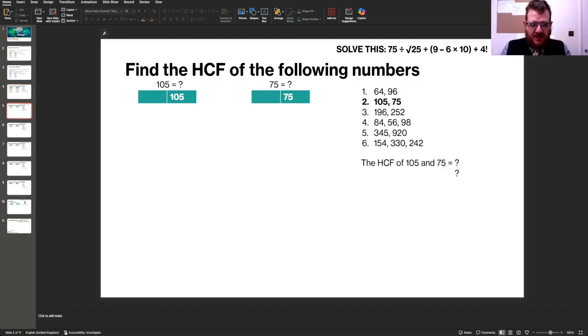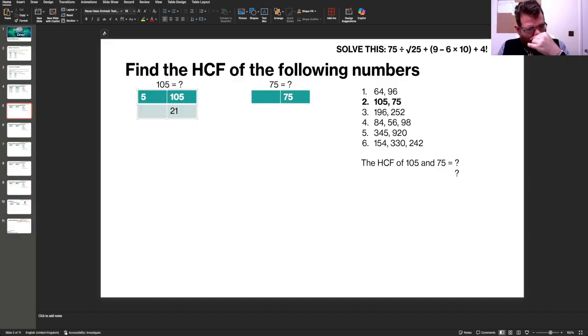105 and 75. Well, we're not dealing with an even number here this time. In fact, we're obviously dealing with odds here. The first number that comes to my mind is 5. Let's do 105 first. That's then 21.